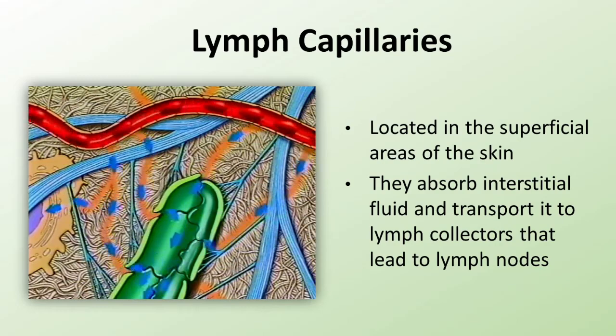So they absorb the interstitial fluid and then transport it to larger lymph vessels known as lymph collectors. These then lead to lymph nodes, which filter this fluid before it gets back into the cardiovascular system. Closely located by the lymphatic capillaries, dendritic cells can be found, and dendritic cells act as little transportation molecules for antigens that are circulating around in the tissue.